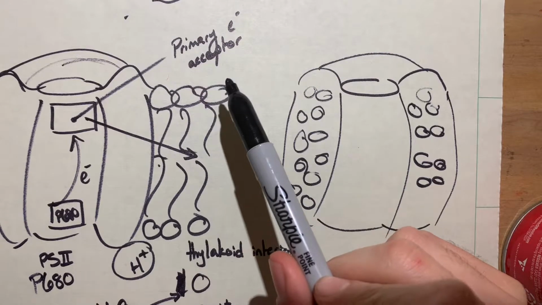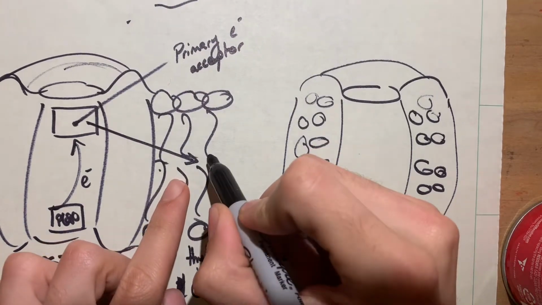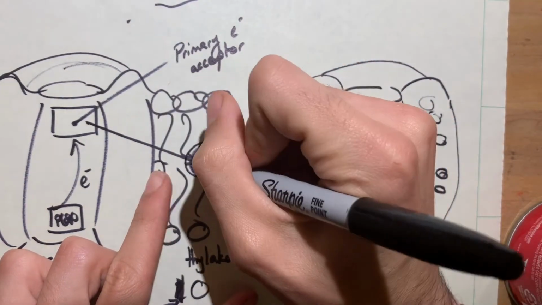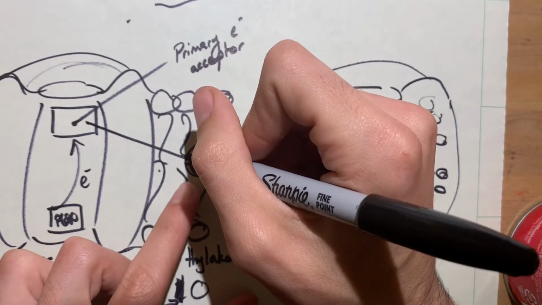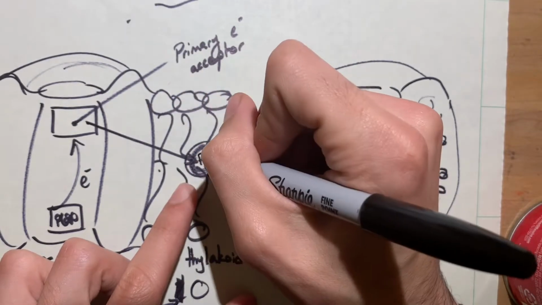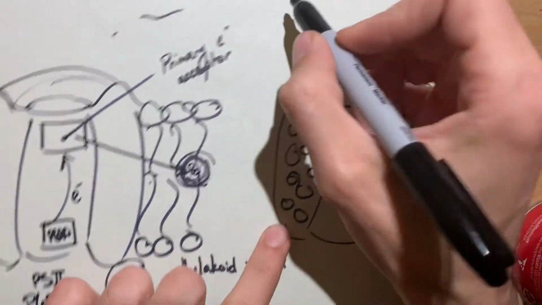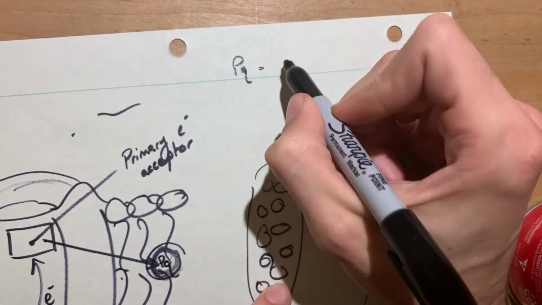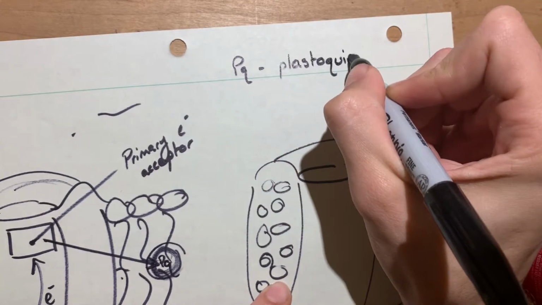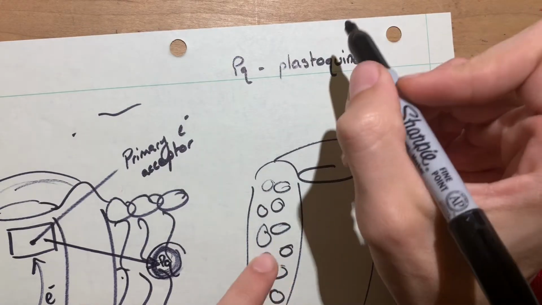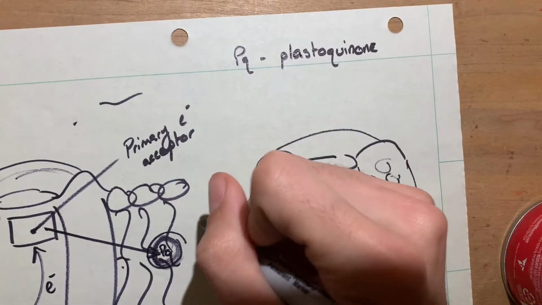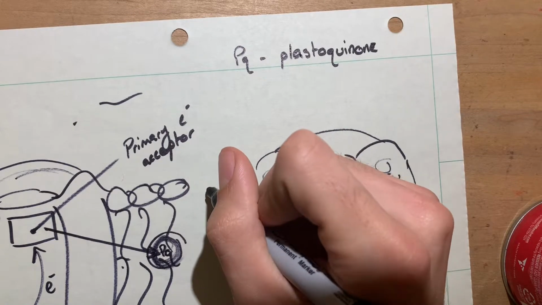So the primary electron acceptor is going to push the electron to what's known as PQ, plastoquinone, and this is part of the electron transport chain, and it's going to carry the electron to a cytochrome complex.